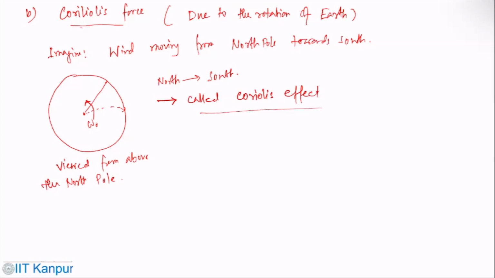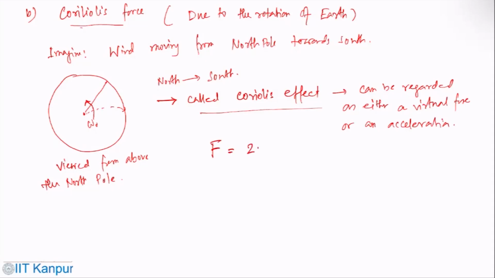This Coriolis effect can be regarded as either a virtual force or an acceleration. So if we put a force here, then 2m omega naught v 0, so acceleration 2 omega naught v 0.